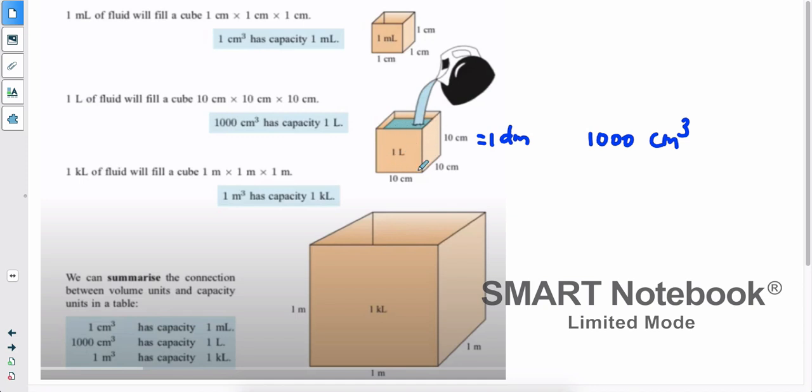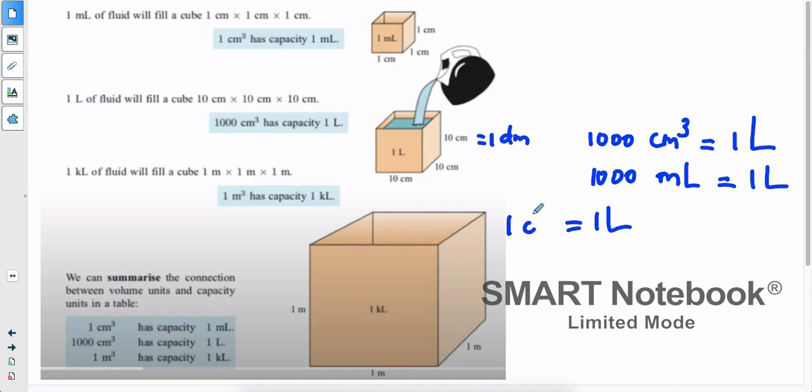This is what we usually call 1 liter in real life. So centimeter cube is milliliter and decimeter cube is liter. So 1 liter is 1,000 centimeter cube, or milliliter, and 1 liter is actually 1 decimeter cube.